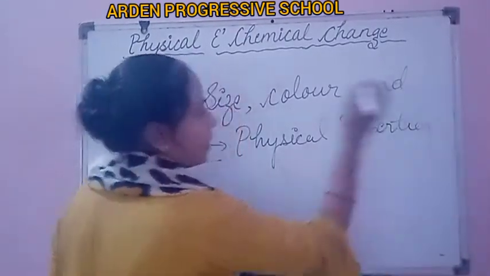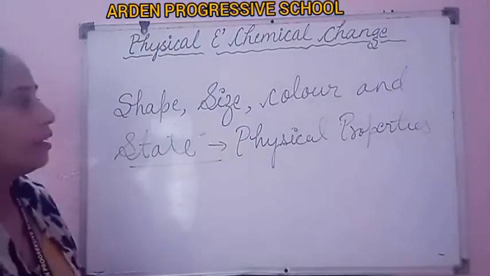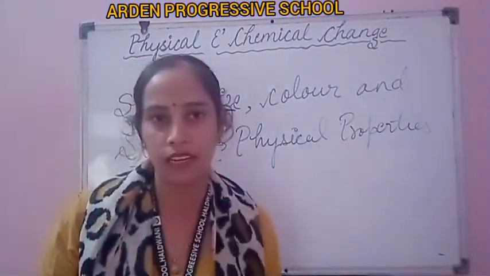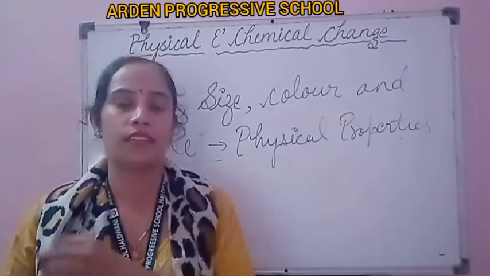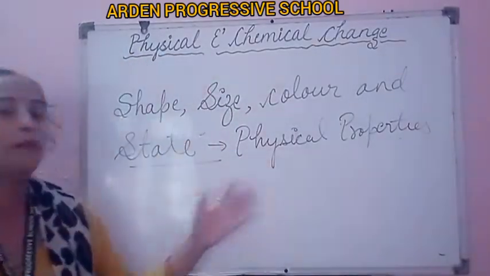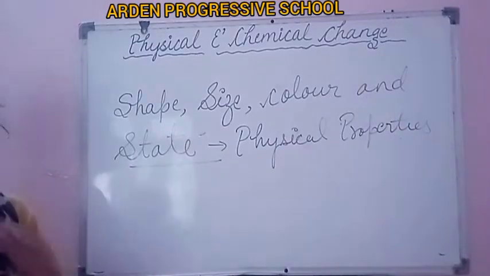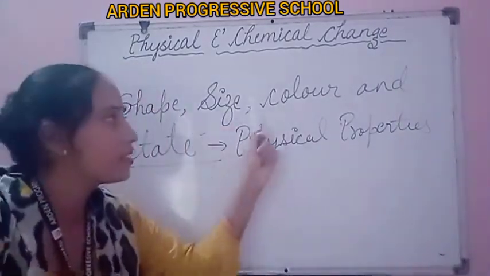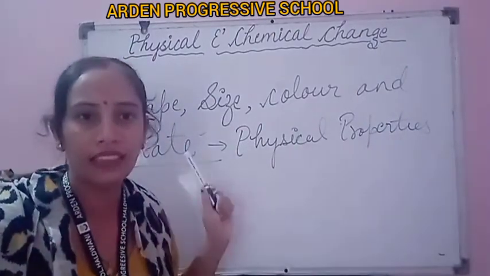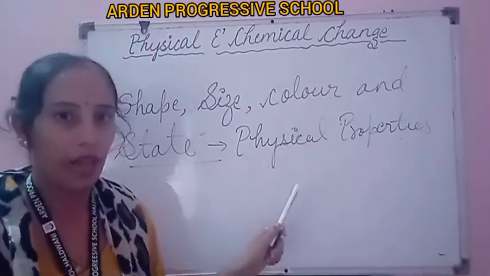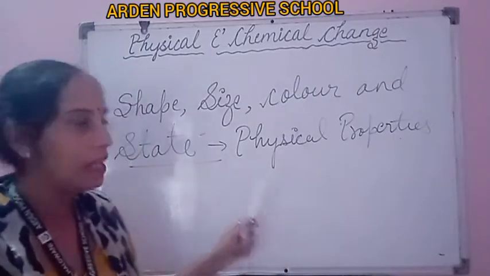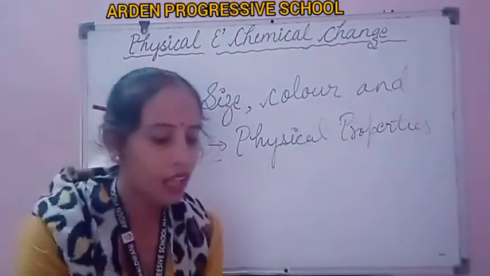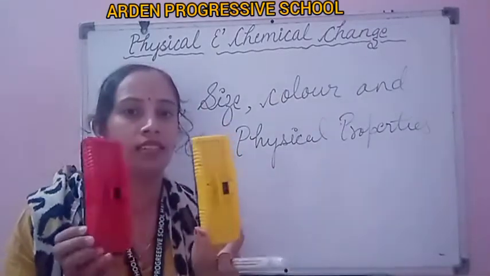So what are the physical properties of the substance? The shape of a substance, the size of the substance, the color of the substance, the state of the substance. These all are the physical properties of the substance. So students, when the changes take place in these properties, clear? Suppose the color, I have given you the example of these dusters.